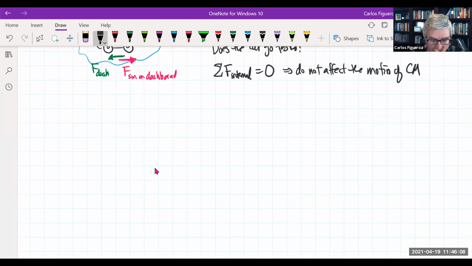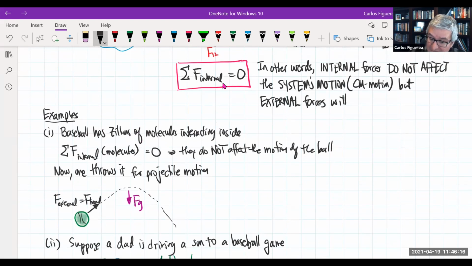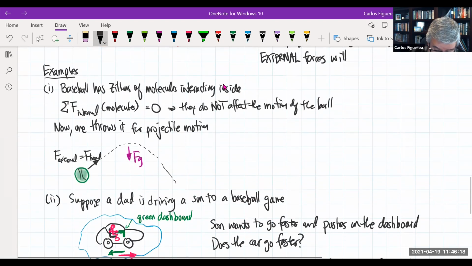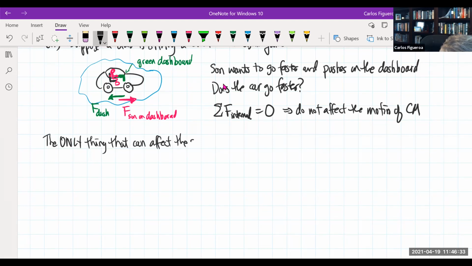So the next thing I want to do here is that now that we're starting to interpret this, right? We were talking about the internal forces. So the only thing that can affect the system then is external forces.